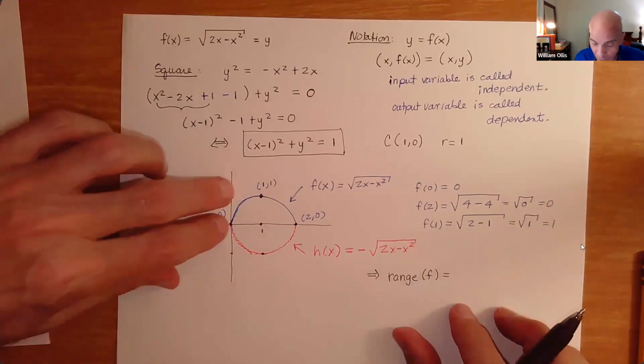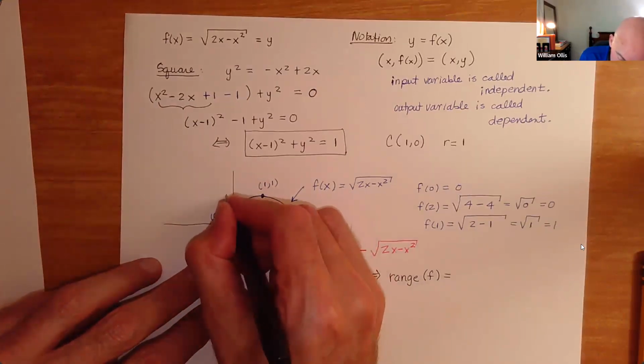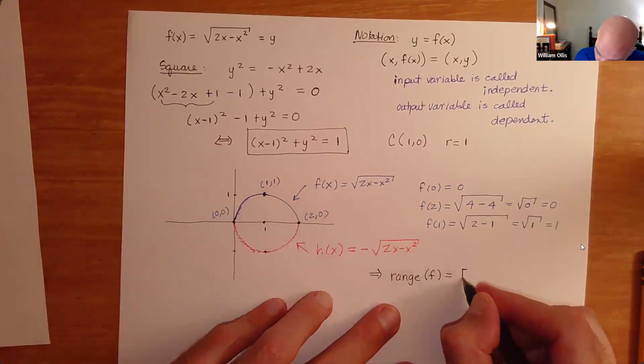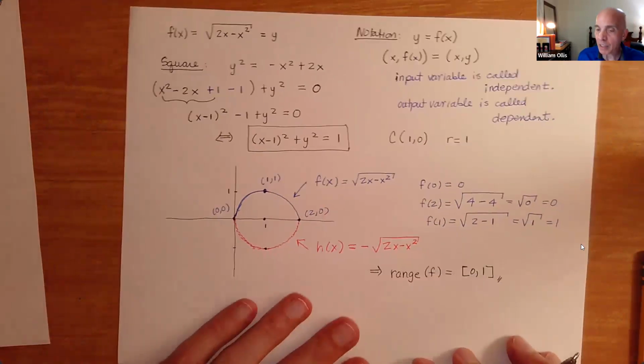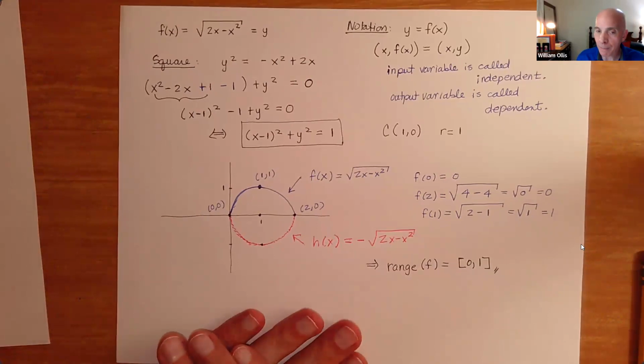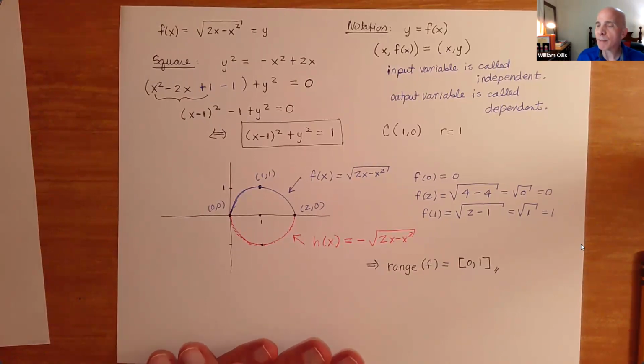It'll just be all the possible y values, which will go from 0 to 1 inclusive of the endpoints.